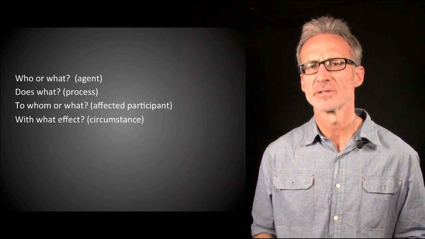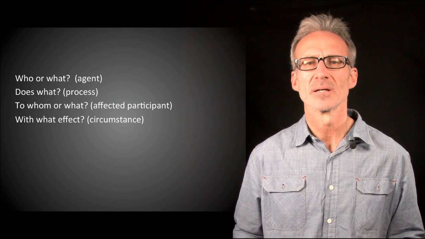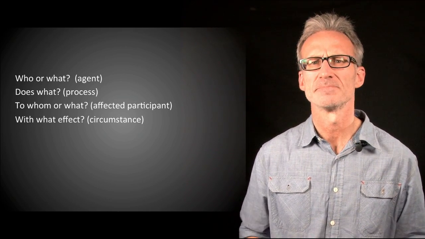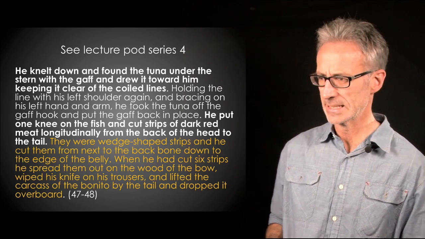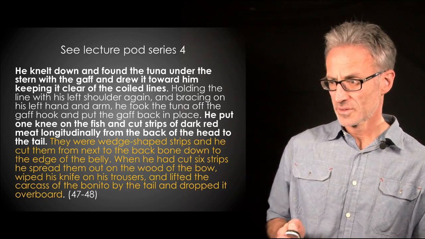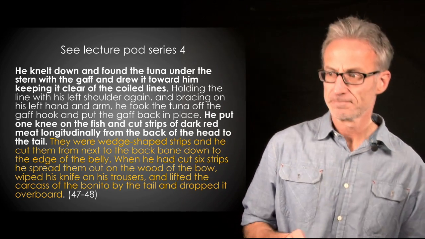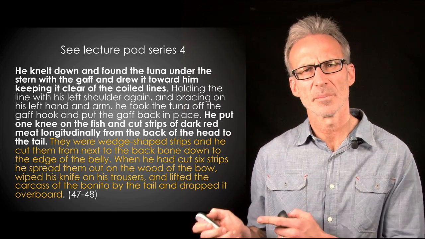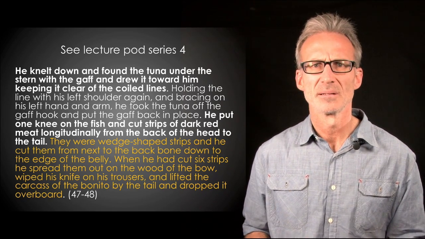Now, in Lecture Pod Series 4, we applied these questions to a short passage from Hemingway, The Old Man and the Sea. They're the passages on screen there that we looked at. We didn't look at the ones there in orange. So I propose we're going to have a look at those ones now.